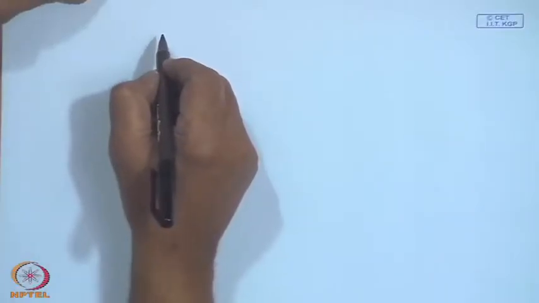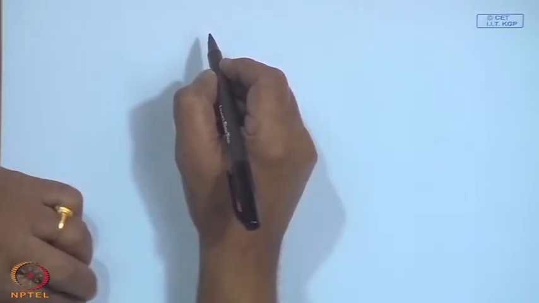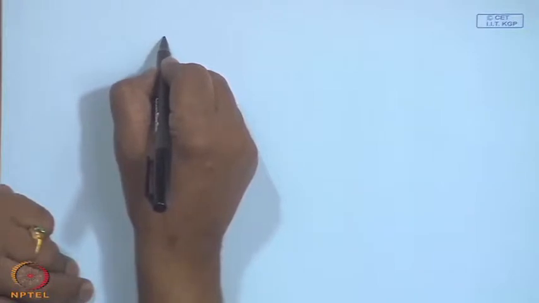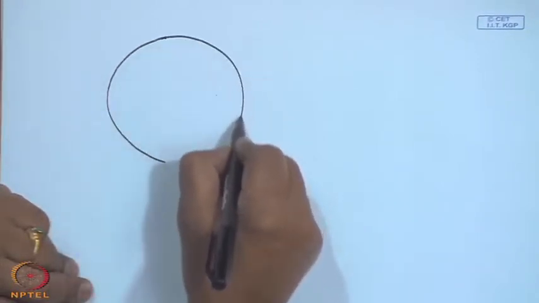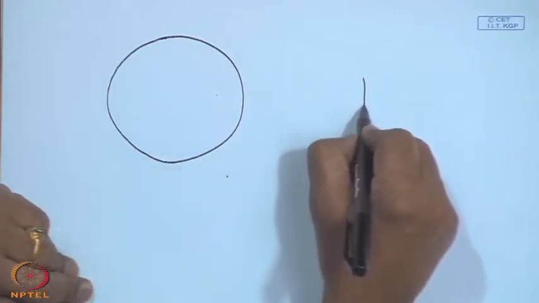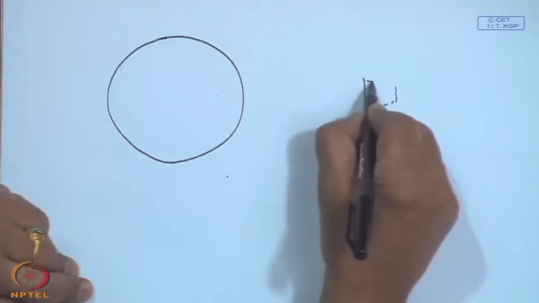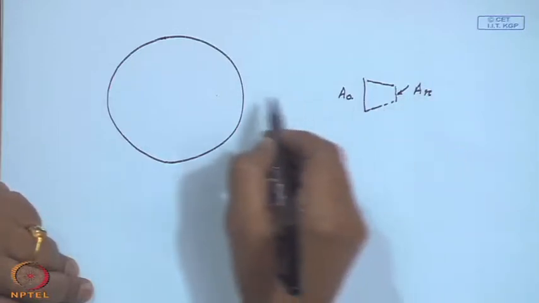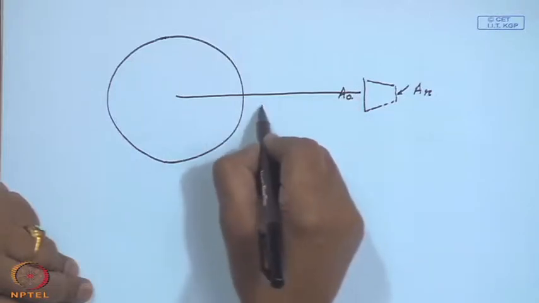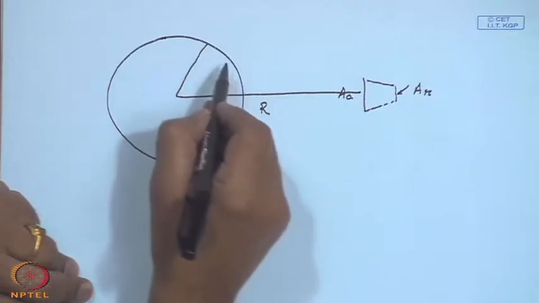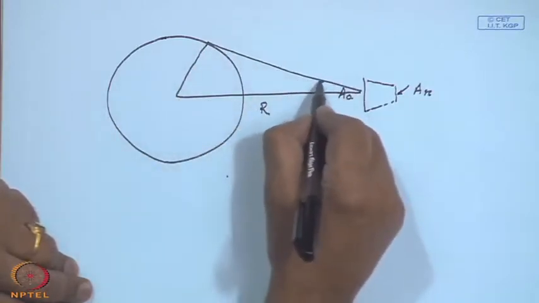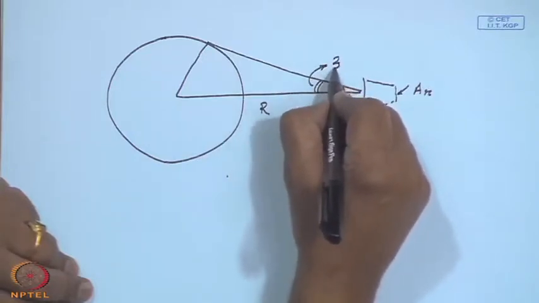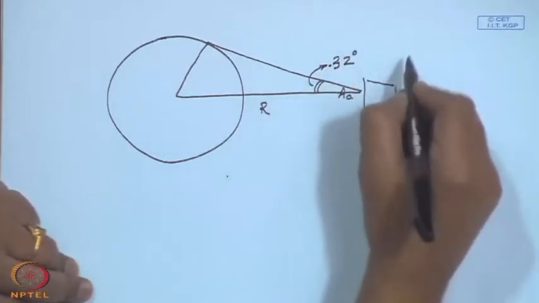Let this big circle be the sun of radius r at a distance of capital R from the aperture area, and at the same distance the receiver also, making the half angle theta s, or 27 minutes.